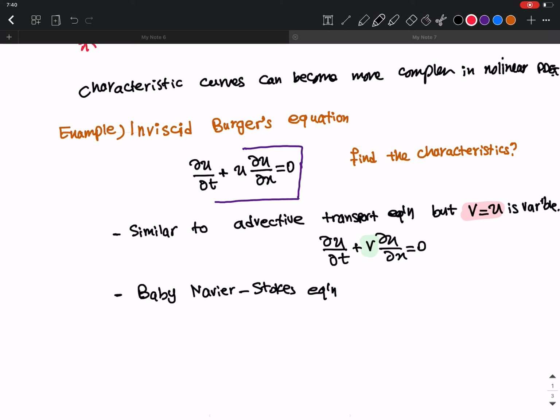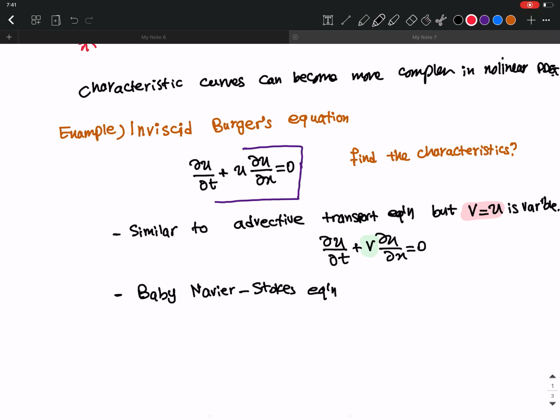For example, when you solve based on Newton's second law for fluids, then you will get a Navier-Stokes equation. And the most difficult term in the Navier-Stokes equation, which makes it a nonlinear equation, is this term.